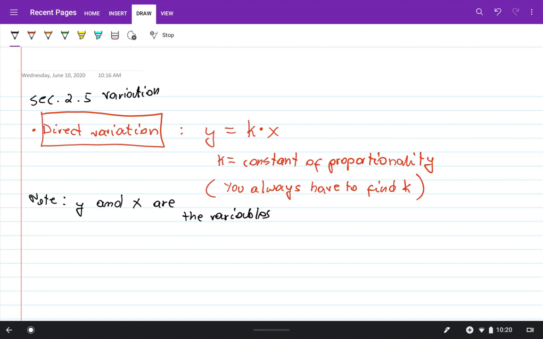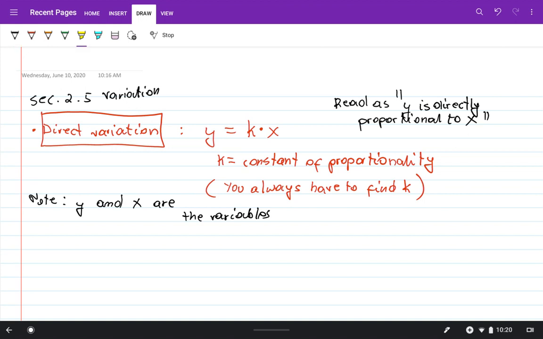So, an example of direct variation, and also before I give you the example, you read this as y is directly proportional to x.